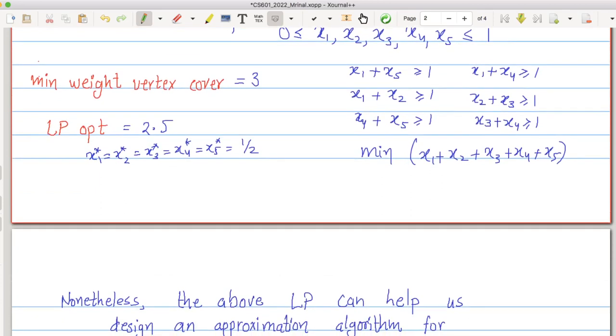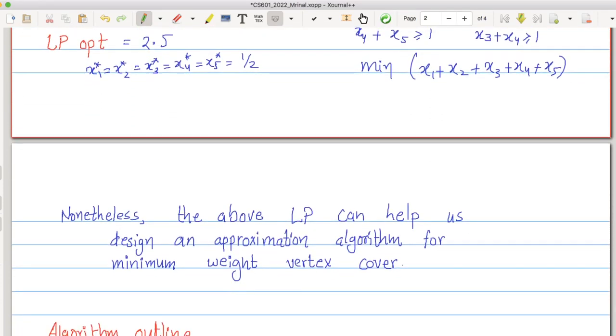So it turns out that nonetheless the above linear program can help us in designing an approximation algorithm for the minimum weight vertex cover problem, right? And this is not something special about vertex cover.